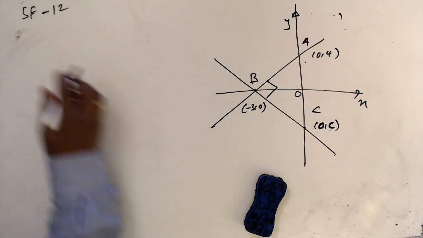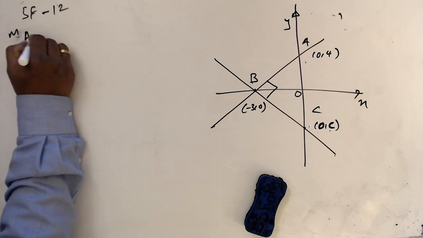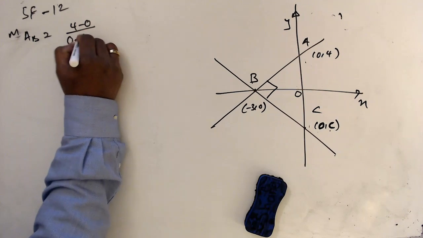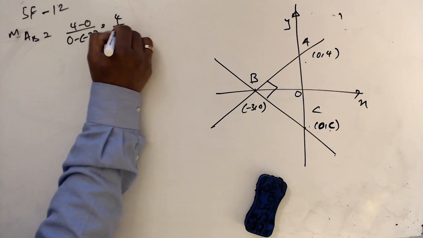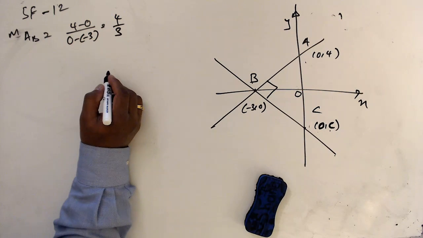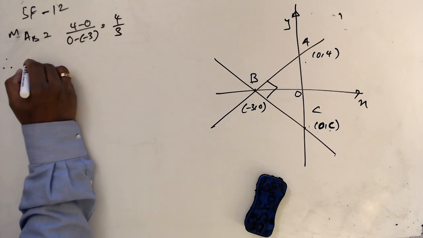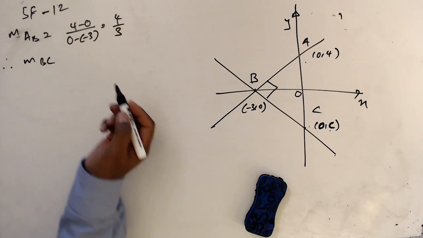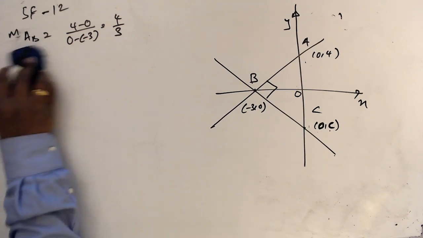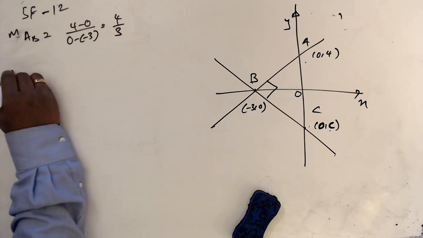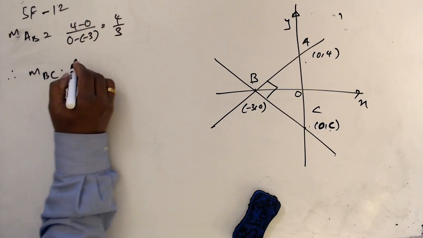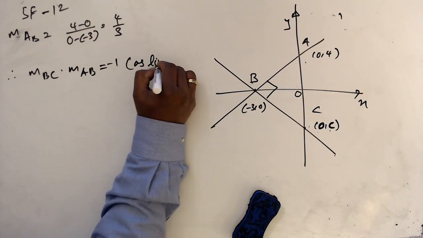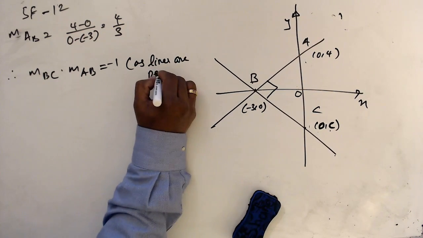Gradient of AB. MAB is 4 minus 0 over 0 minus minus 3, which is 4 over 3. Hence, MBC times MAB is minus 1 as the lines are perpendicular.